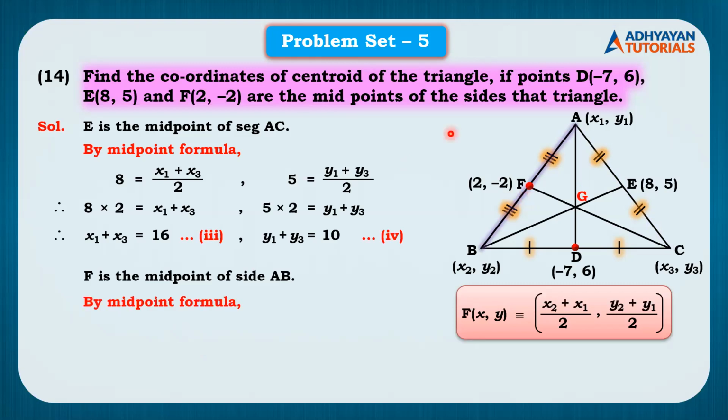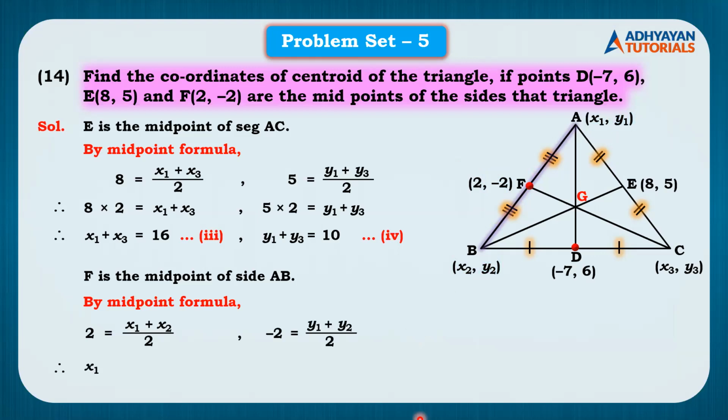By the midpoint formula directly we say 2 is equal to x1 plus x2 upon 2, and for y, where y is -2, so -2 is equal to y1 plus y2 upon 2. So x1 plus x2 is equal to 4. Equation number 5. -2 into 2 is -4. So y1 plus y2 is equal to -4.